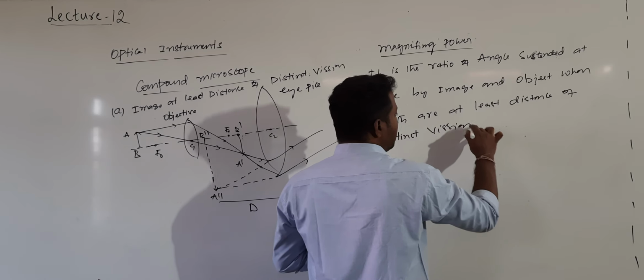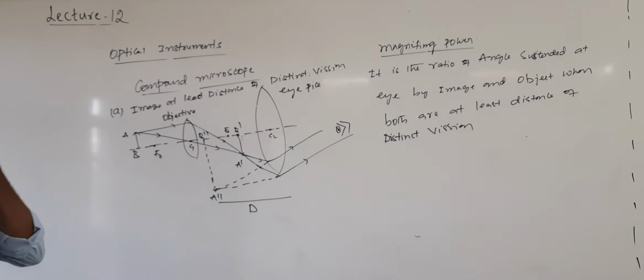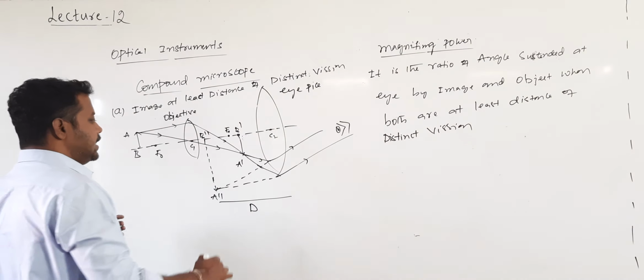When both are at the least distance of distinct vision, what is the ratio of the angle subtended by the image to the angle subtended by the object?